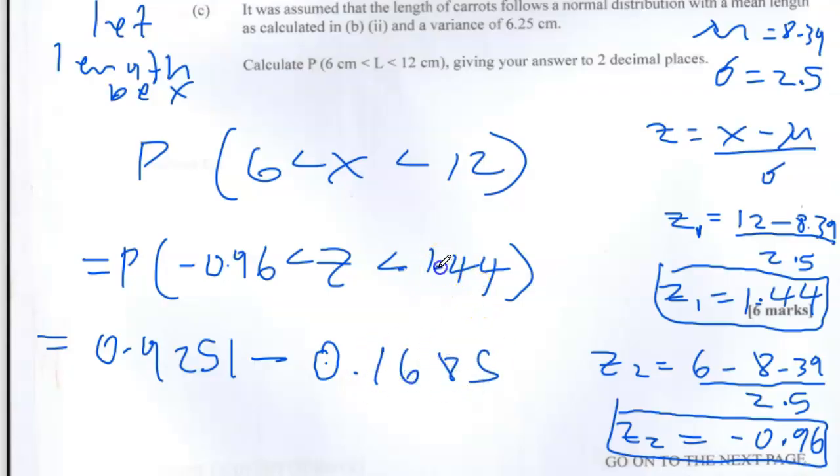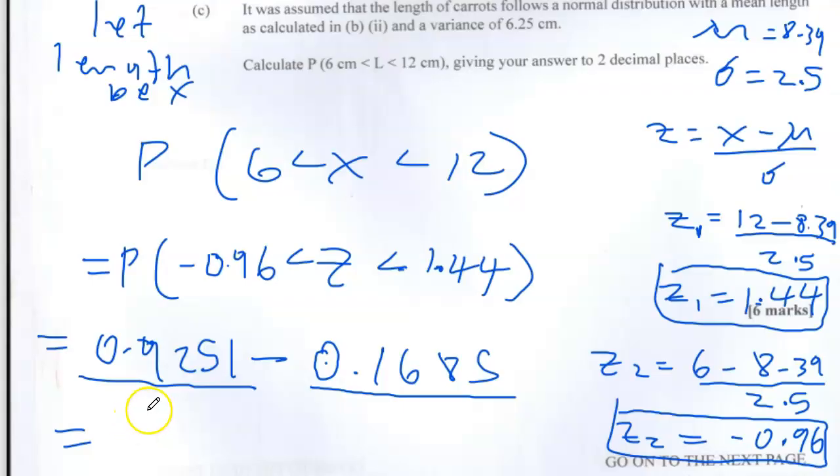So for 1.44 in the table, the probability is 0.9251. For negative 0.96 in the table, the probability is 0.1685. So we take the difference.